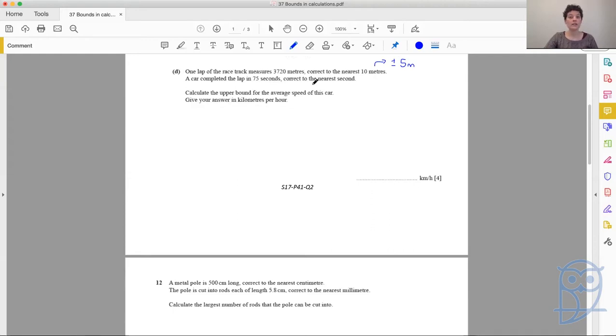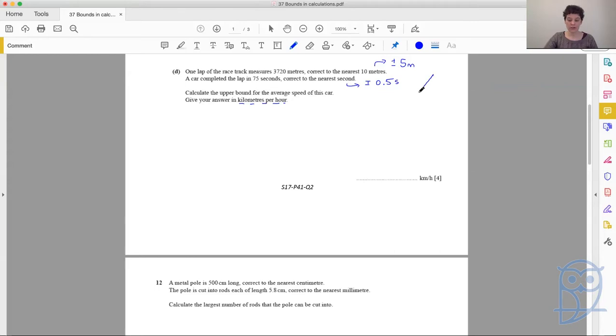Correct to the nearest second. So we're going plus minus 0.5 seconds. Calculate the upper bound for the average speed of this car. Give your answers in kilometers per hour. So we're going to have to be doing some conversions here.